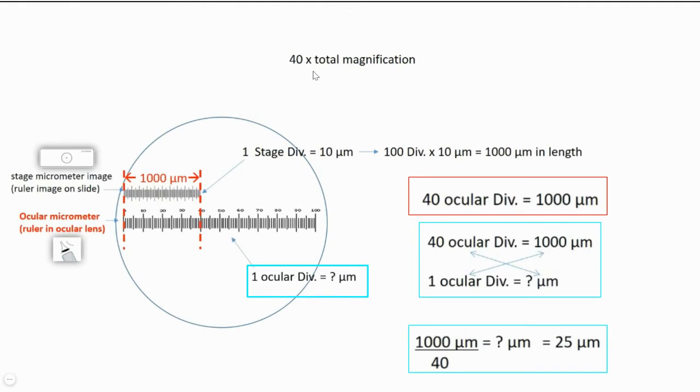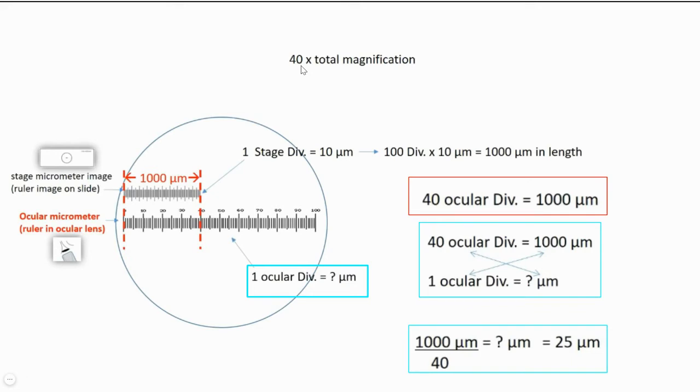So at 40x magnification, now we know that we have calibrated our unknown eyepiece scale with a known stage micrometer, and we have found that each division is 25 micrometer. But remember, this calibration is only correct when your microscope is set at 40x magnification total.